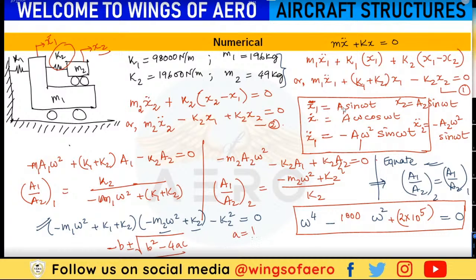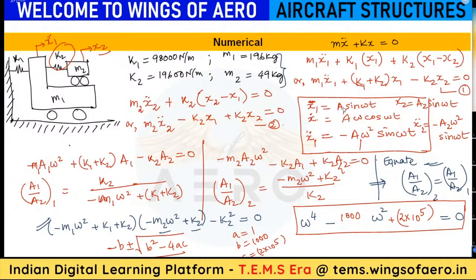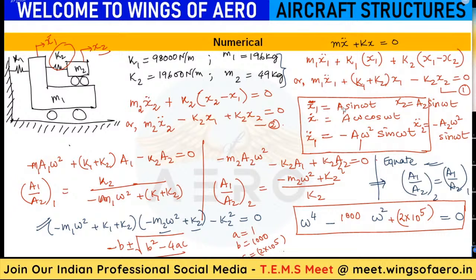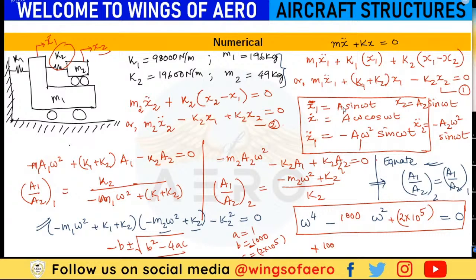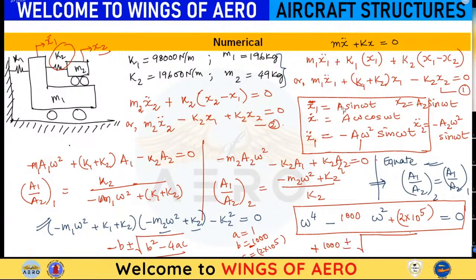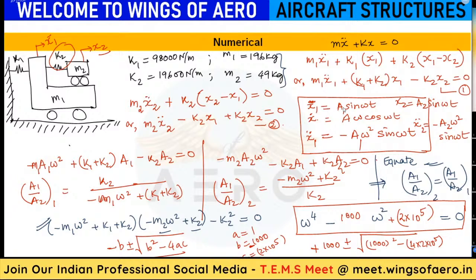Here a is 1, b is 1000 and c is 2 into 10 power 5. Minus and minus will become plus 1000 plus and minus, 1000 square minus 4 into 2 into 10 power 5, by 2.